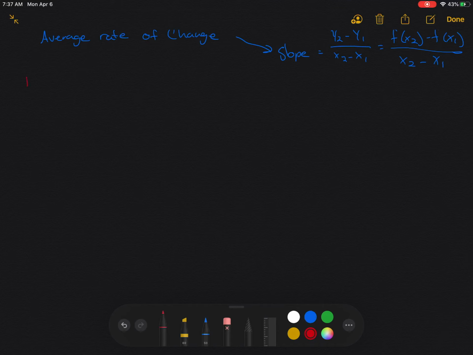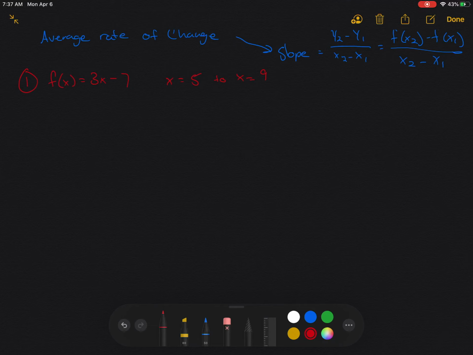So for the first one, we're going to have the function f of x equals 3x minus 7. And we want to know the rate of change from the interval x equals 5 to x equals 9.